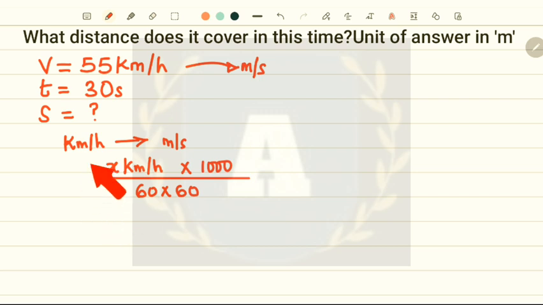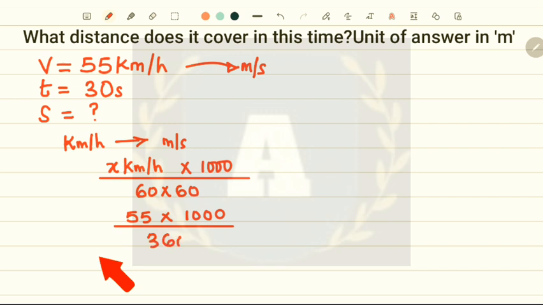So what do we have? We say 55, which is the magnitude given here, multiplied by 1000, then divided by 60 multiplied by 60, that is 3600. All right, so 20 here can easily cancel out 20 there.